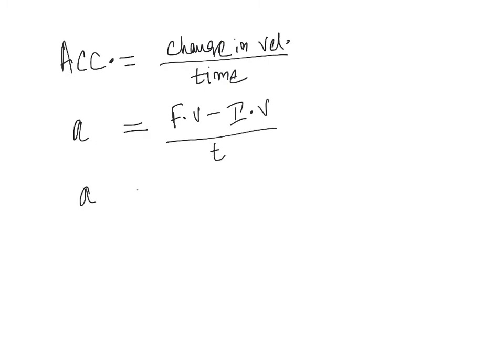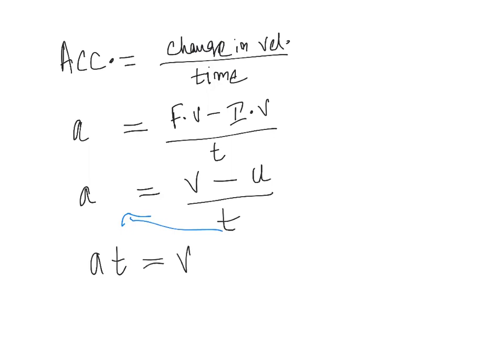We write final velocity as v, initial velocity as u, so a = (v - u)/t. Then cross multiply, t goes there, so it becomes at = v - u. Now we take u to that side, so u + at = v.